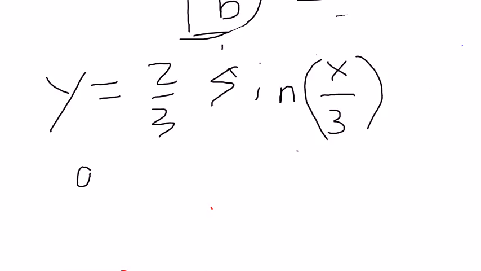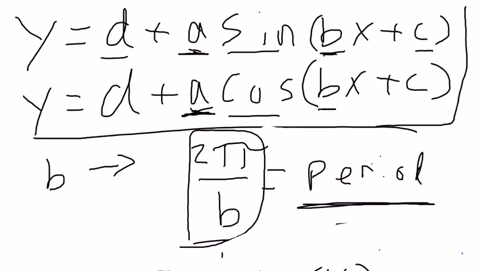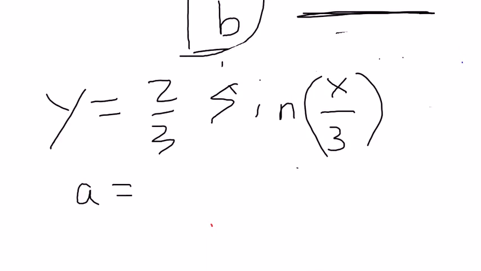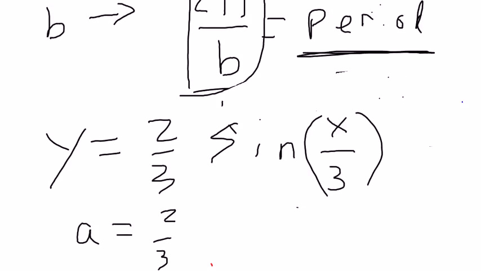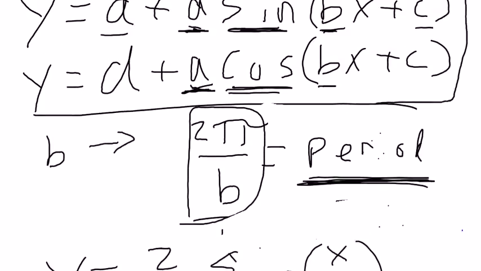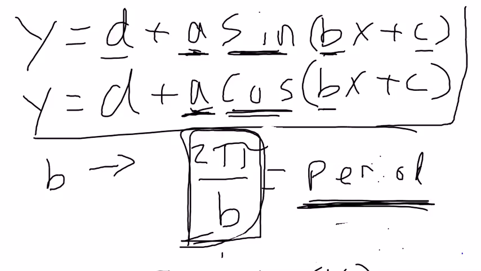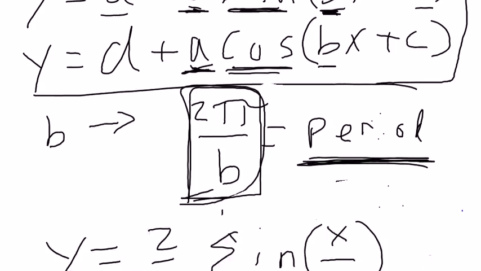Well, amplitude is A. Whatever's in front of the three letters, sine or cosine, whatever's in front of that, that's the amplitude. So in this case, our amplitude is 2/3. Our period always is this formula for sine and cosecant and secant. It's whatever number's in front of the x value.